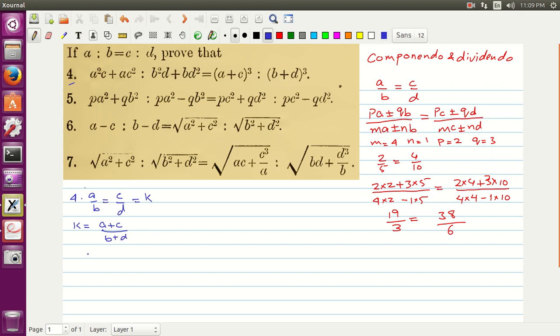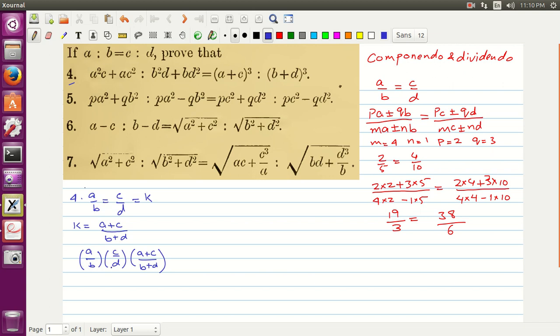Correct? Now what is the value of A over B times C over D times A plus C over B plus D? What is the value of this expression?